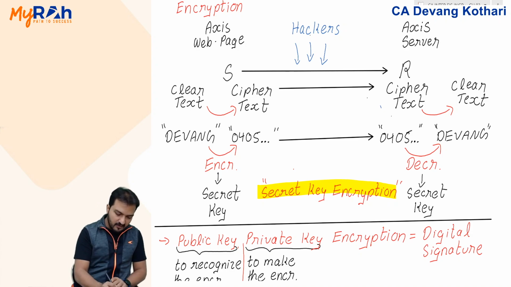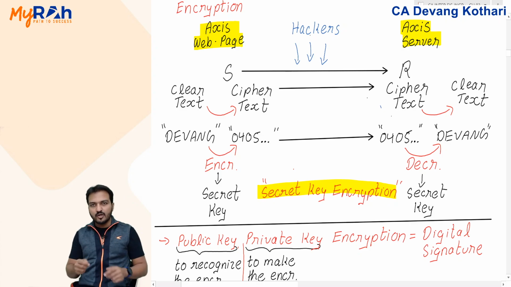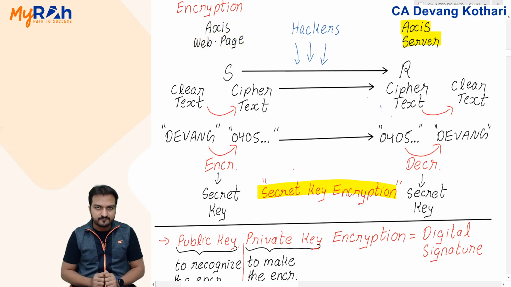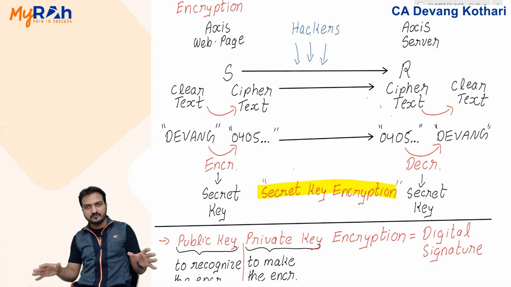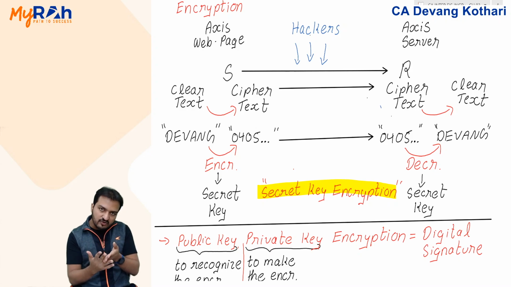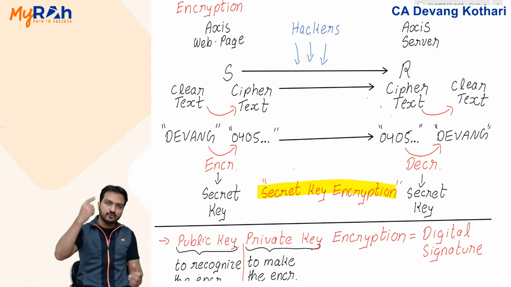For example, Axis Bank web page here, Axis Bank server here. For example, when I send a WhatsApp message to you, then you might have seen on the WhatsApp screen, they are specifically mentioning that this WhatsApp transmission is covered under end-to-end encryption, meaning my WhatsApp software will convert my normal text into ciphertext and send it to you.